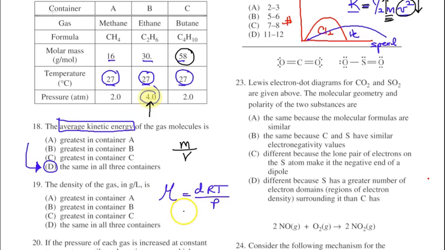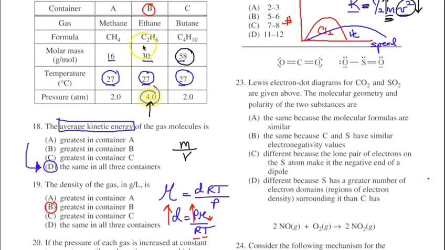If you solve for density, you get density is equal to PM over RT, and if you can see, the higher the pressure, yes, molecular mass is there, but 30 to 58, the bigger monkey in the room is doubling the pressure for the same temperature. The molecular mass is a little bit lower, but not as big as doubling the pressure would increase the density more for gas B.